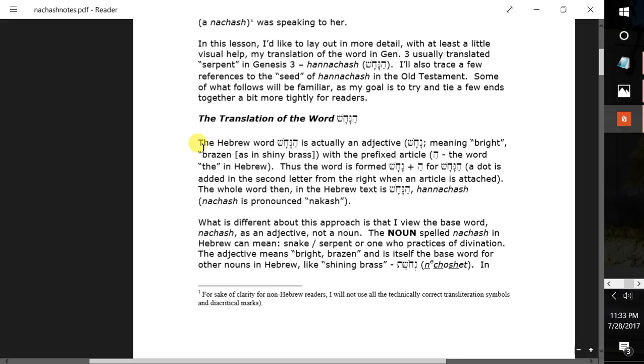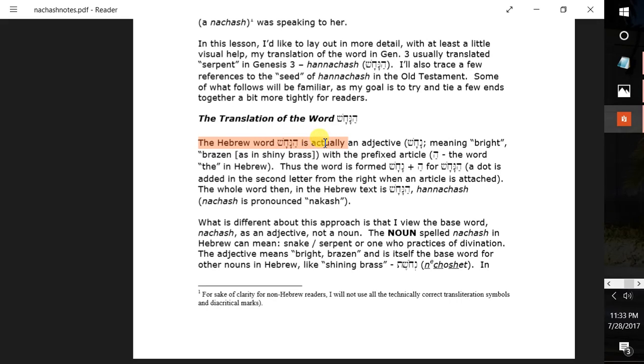It says here, the word here is nakash. Okay, it is actually an adjective meaning bright, brazen, as in shiny brass, with the prefix article, the word the in Hebrew. Thus, the word is formed, and the article is attached to the second letter from the right. When an article is attached, the word in the Hebrew text is hanakash.